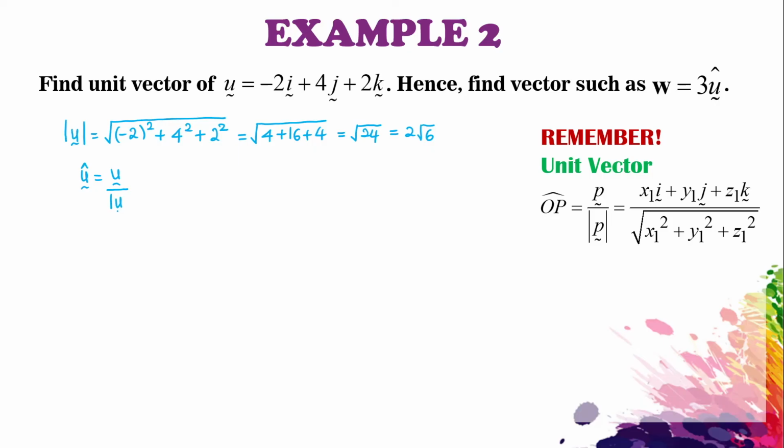So substitute your vector U and magnitude of U. We're going to have negative 2i plus 4j plus 2k over 2 square root of 6. And we can simplify it to be negative i plus 2j plus k over square root of 6.